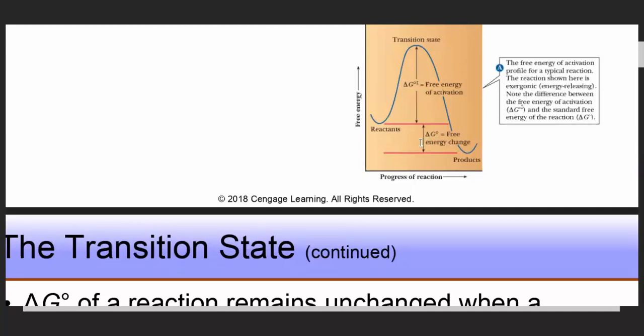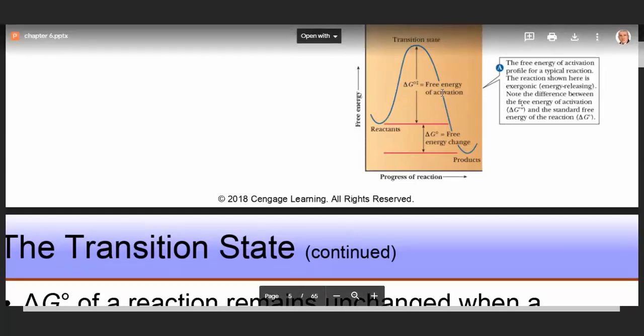For example, if you have a gas, then it's one atmosphere. If you have liquid or solution, it is 1 molar. If it is, for example, a metal, it must be in its elemental state, and so on. This is the meaning of delta G naught, or the standard states.